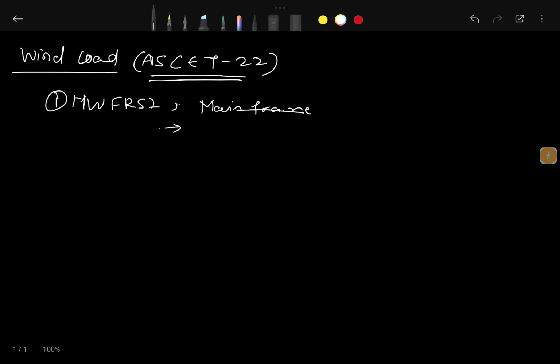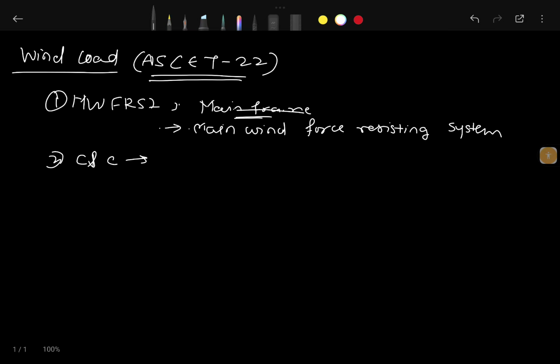The second one is C&C, that method has components and cladding.